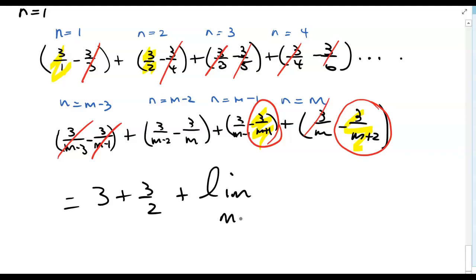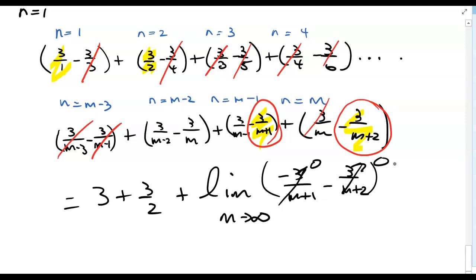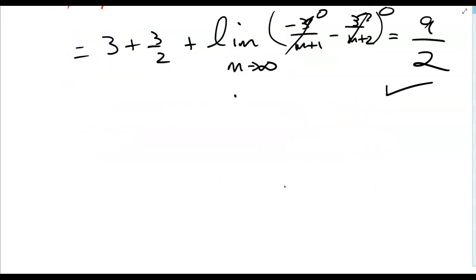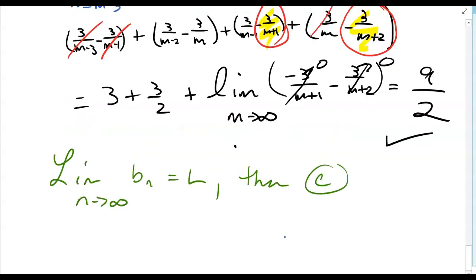Limit. So we have negative 3 over m plus 1 minus 3 over m plus 2. Those go to 0. And you have 3 plus 3 halves is 6 halves plus 3 halves, 9 halves. So your test for convergence in this case just comes from whether the limit as n goes to infinity of b_n exists, then you converge.